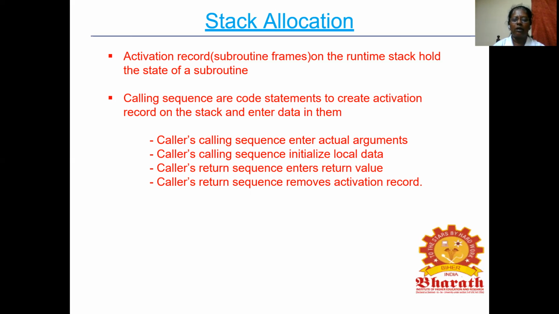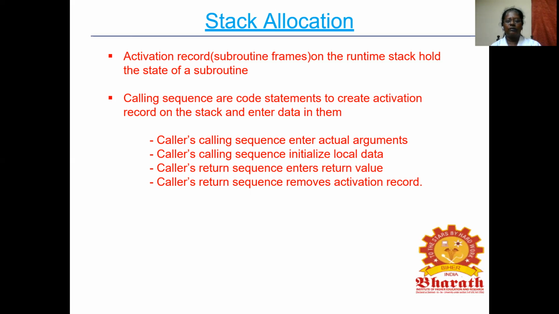After getting the output, it removes the activation record and stops the activation, and if there is any other activation record, that function will be activated. We can call it a function, subroutine or procedure, and according to the program we can define the activation record.